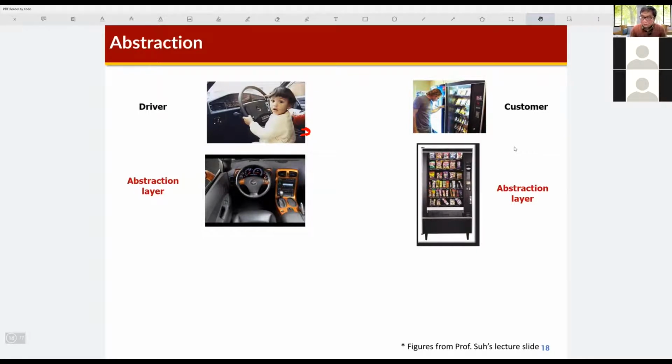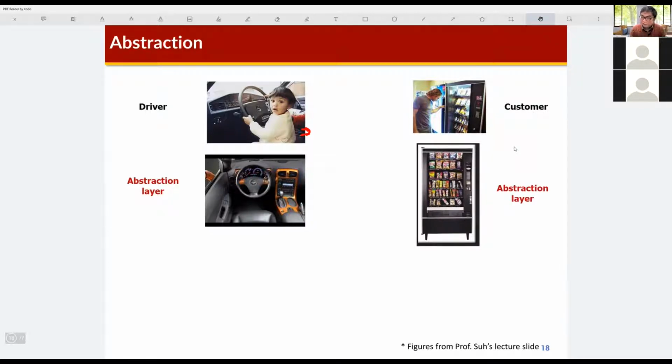But as a normal driver, we don't need to understand the inside of a car, these very complex systems. As a driver, we need to know several things about the handling, pedals and gears, and some other knowledge.